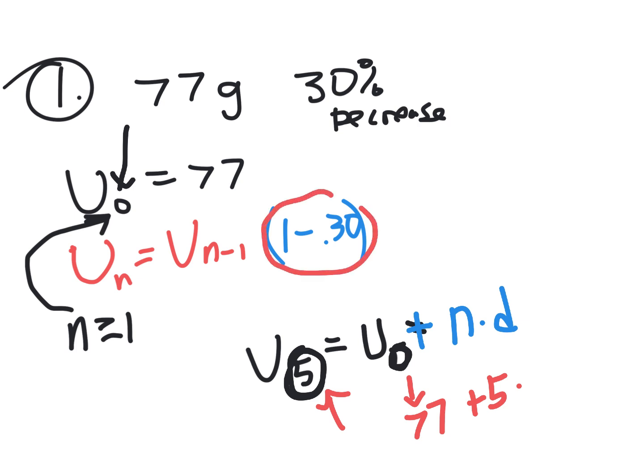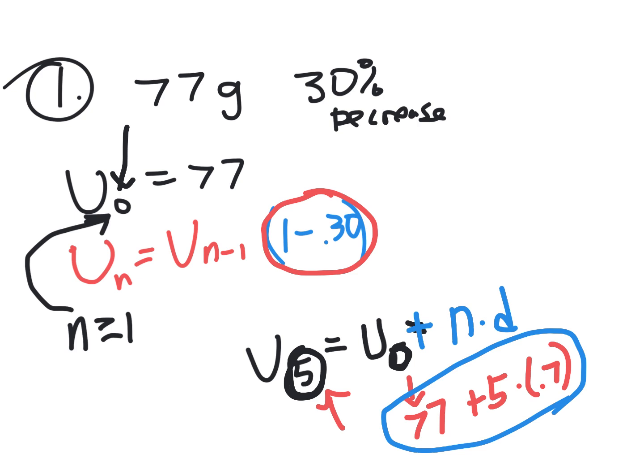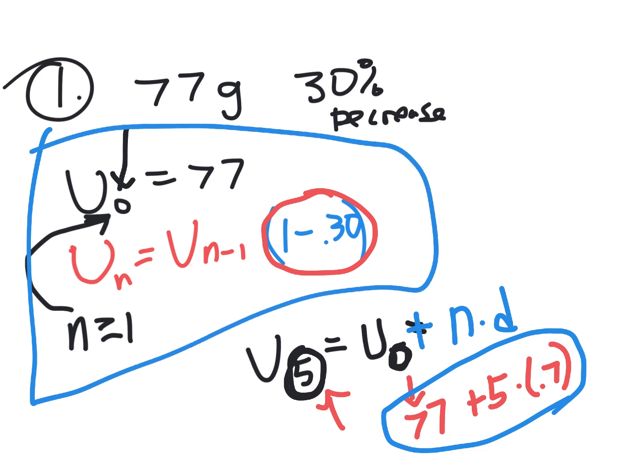It's this, but you could just say 0.7, it'll be a little faster. And that's your answer. You have to use a calculator to get it. All right. So if all they wanted was the formula, this would have been good enough. If they wanted the actual like fifth term, it'd be something like this. Just trying to help you get ready for the test.